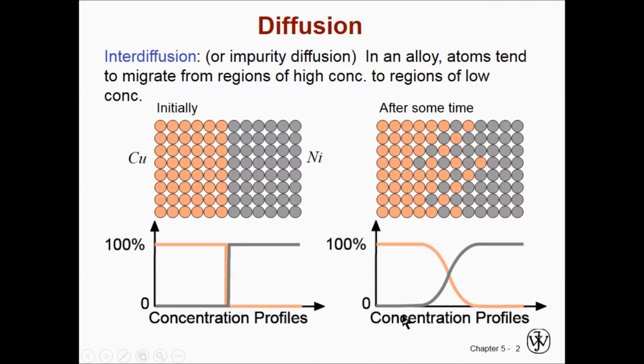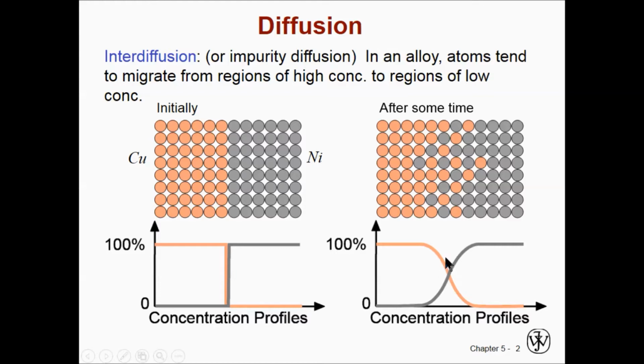If you analyze concentration profiles, again you see on the far left copper is 100%, but as I am going to the right, amount of copper decreases. It reaches 0 when I am far away from the left. At the same time, I have the same profile here for the nickel.